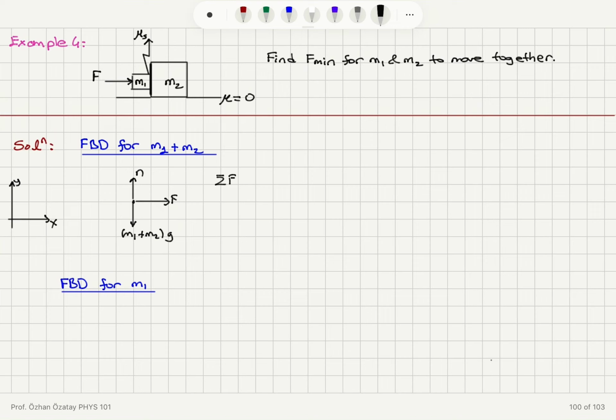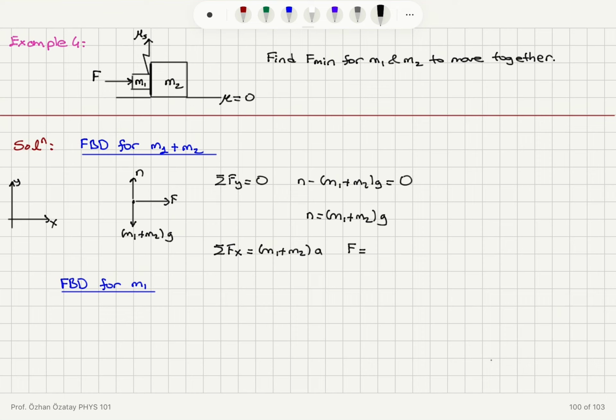The net force on the y-axis must be equal to 0, and M1 plus M2 is not moving vertically, so N minus (M1 plus M2)g is equal to 0. Therefore, the normal force is the total weight, (M1 plus M2)g, but pointing in the opposite direction, pointing up. Net force in x must be equal to the total mass (M1 plus M2) times their common acceleration on the x-axis.